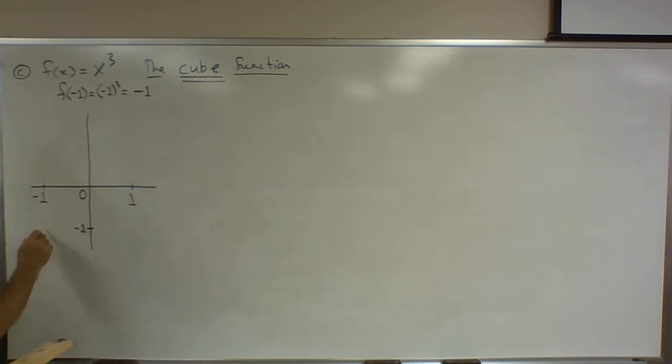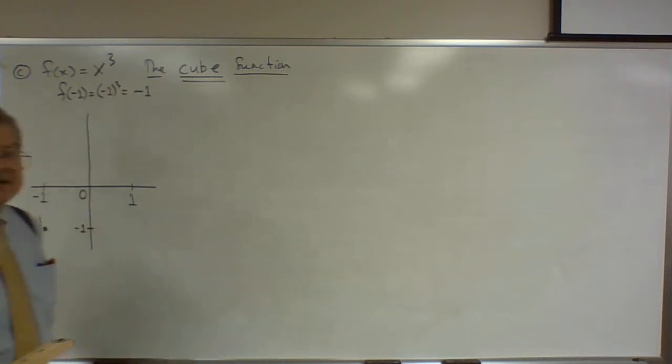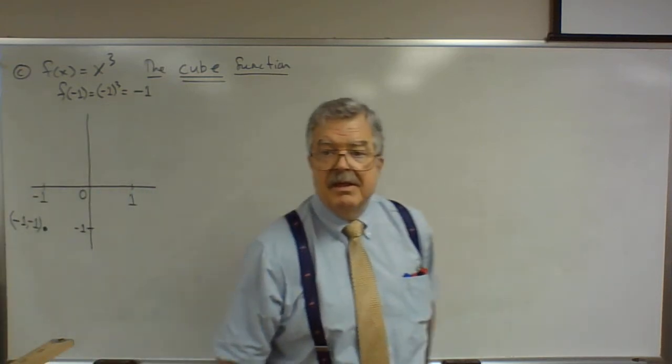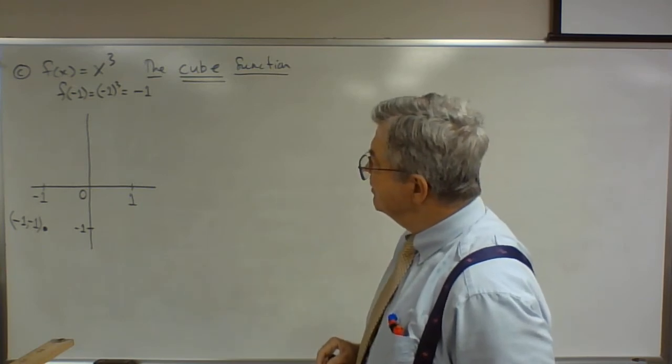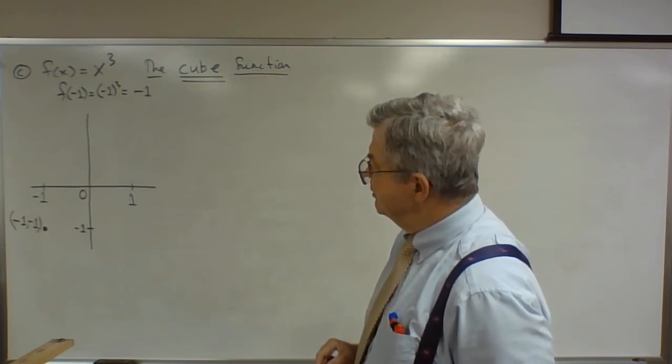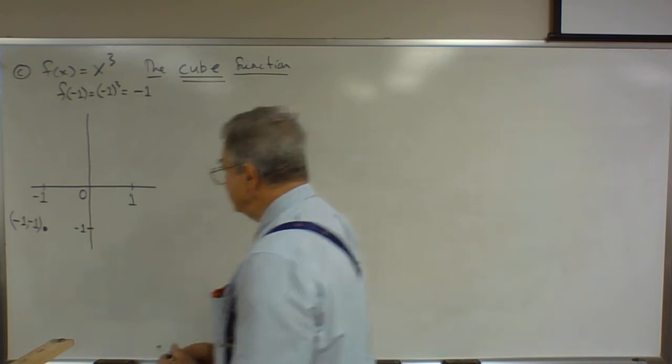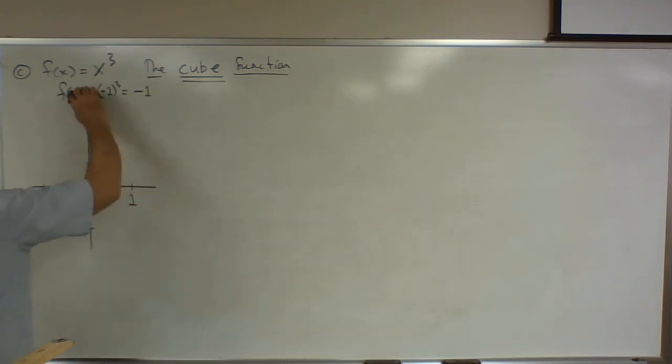So this point, (-1, -1), is on the graph of the cubing function. Yep, I just barely did get that in the field of vision. Okay, let's do the same thing for x equals 0.